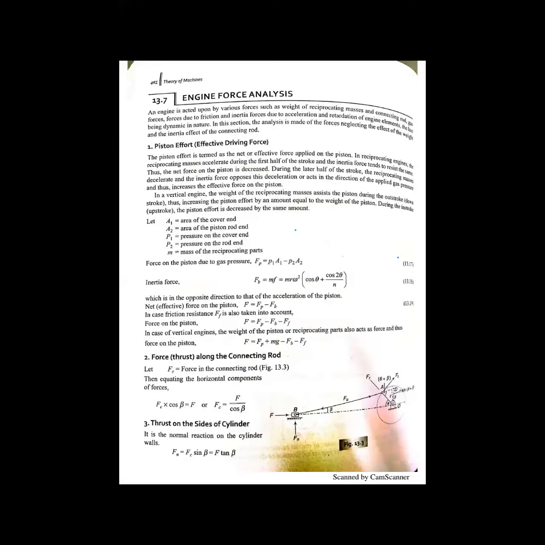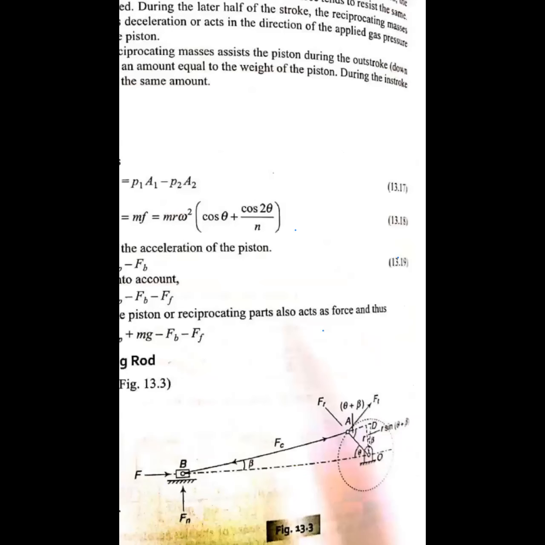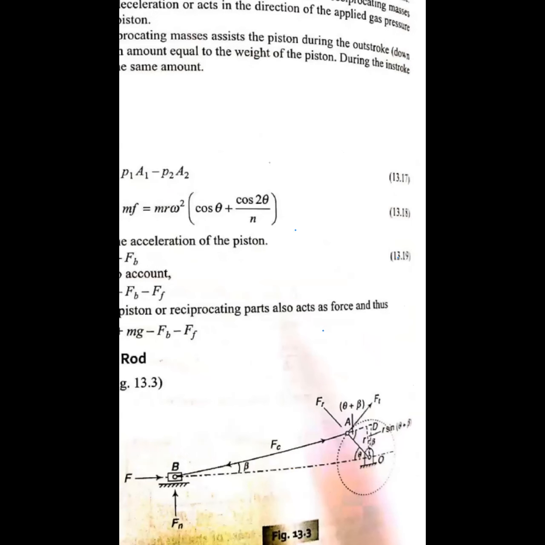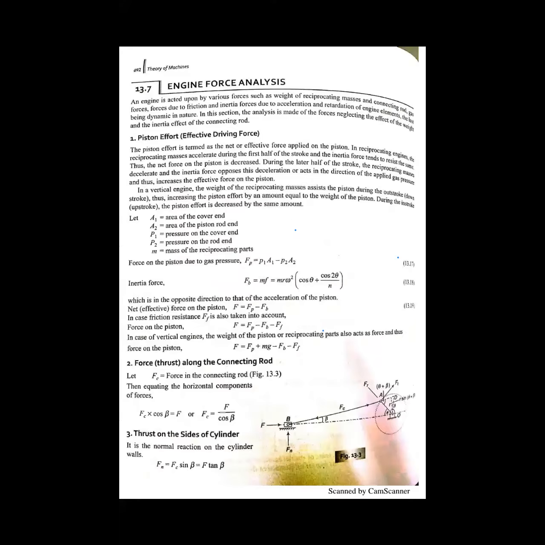But OD is not equal to OR; just observe that OD is different and OR is different. That's why we generally take T equals F r into (sin theta plus sin 2 theta by 2 into square root of n square minus sin square theta). That is our turning moment on the crankshaft.